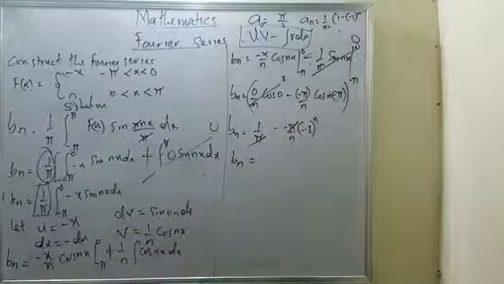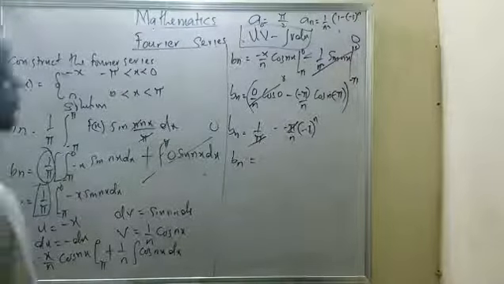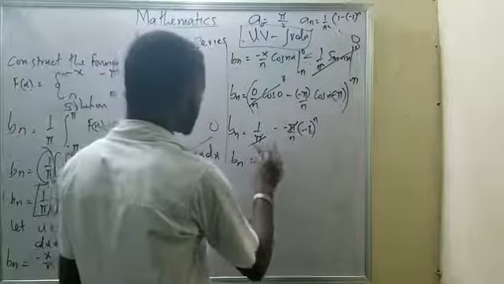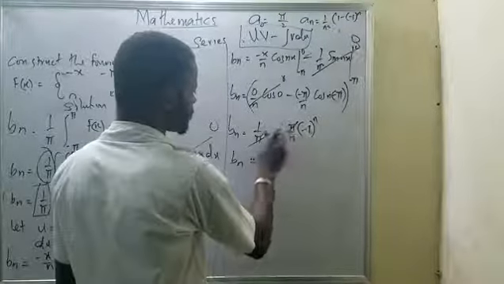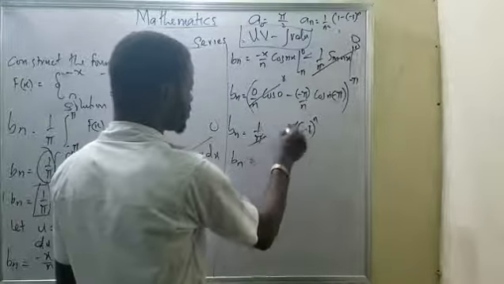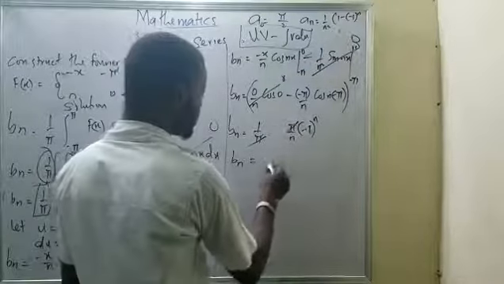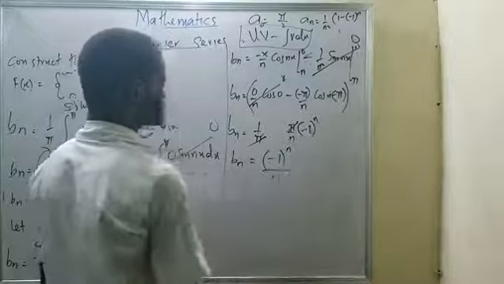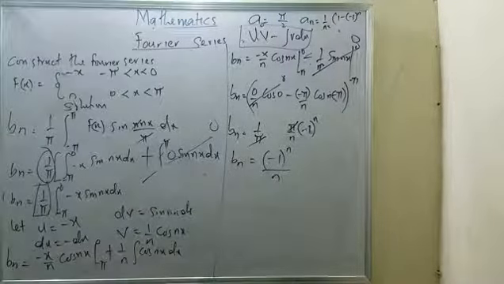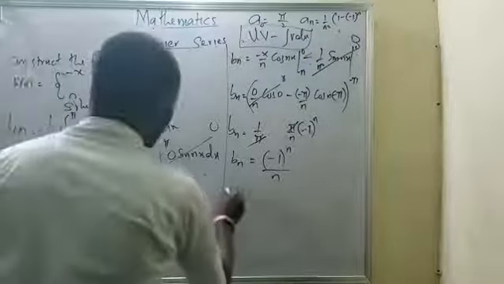Now b of n equals to, this is plus already, which is going to be now plus, which is a value minus 1 bracket of n all over n. Now I can now establish my Fourier series. What is my Fourier series? We have something like f of x.